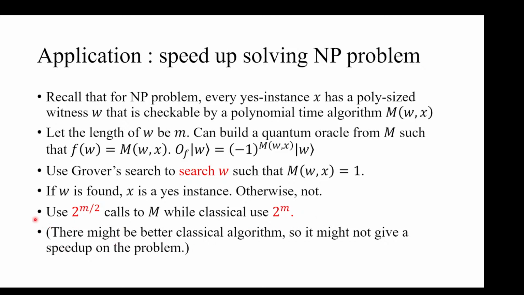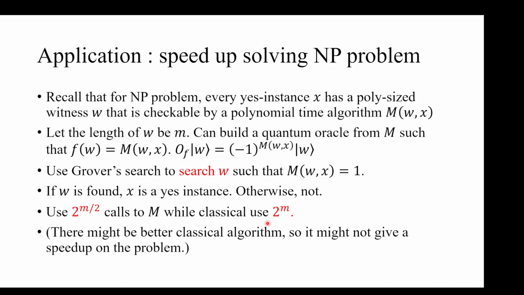But quantumly, because you use global search over them, you still need an exponential number of calls, but it's much smaller. You only use 2 to the n over 2. So we see there is some small quantum speedup in solving an NP problem. I guess sometimes it's not quite small. You have a quadratic speedup over the classical brute force algorithm.